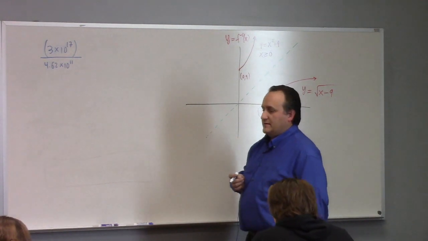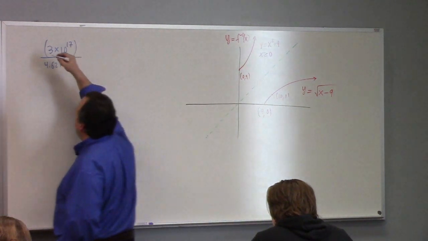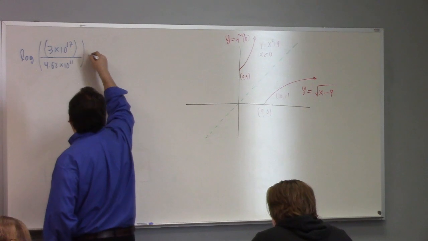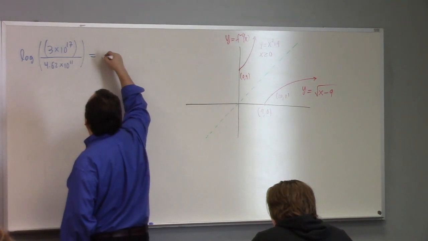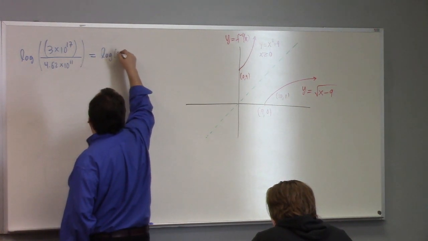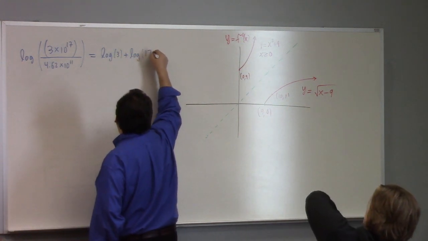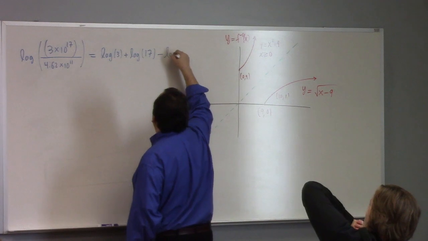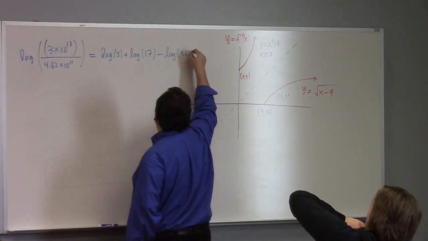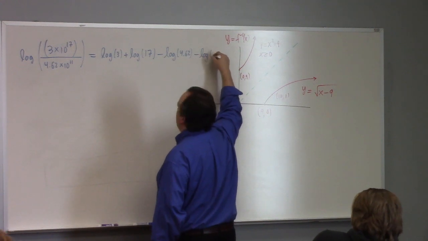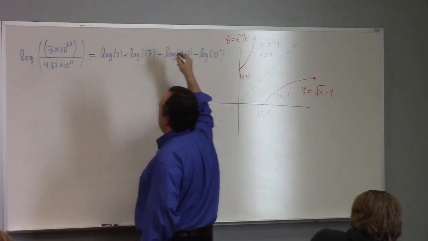But what happens if you take the log of this? You get the log of 3, plus the log of 10 to the 17, minus the log of 4.62, minus the log of 10 to the 11, right?